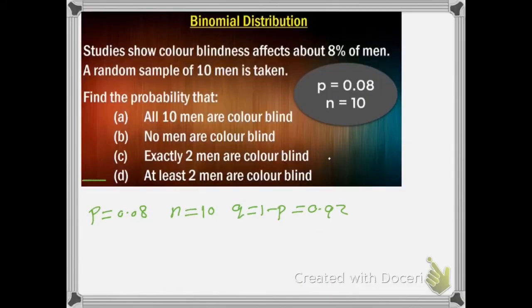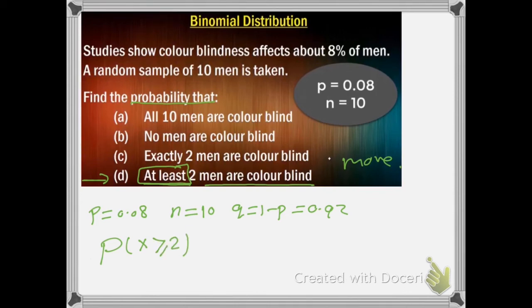Then in required D, I wanted to compute the probability that at least 2 men are colorblind. What is the meaning of this word, at least? It means more. Then I would like to compute probability x more than or equal to 2.